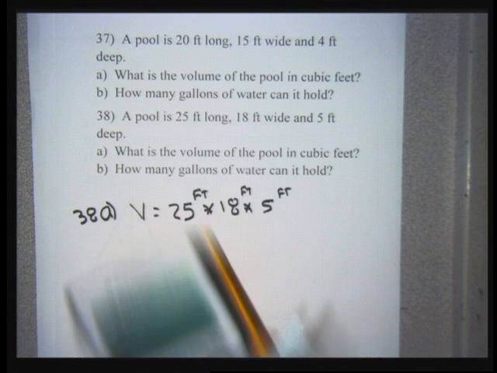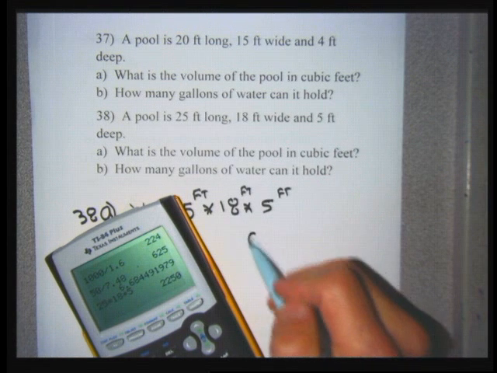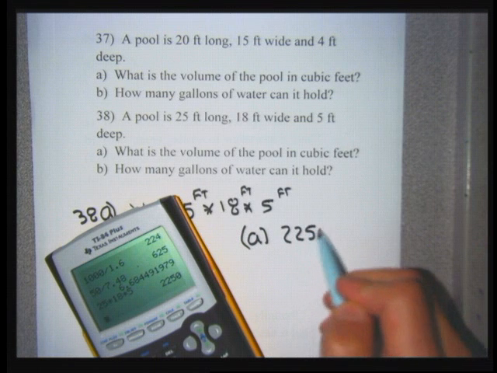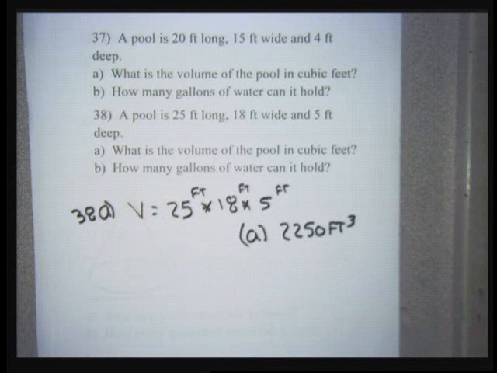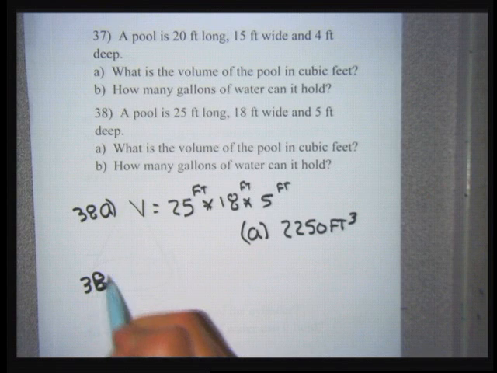So 25 times 18 times 5 gives me the answer to part A. The volume of this pool is 2,250 cubic feet. For part B, I'm supposed to convert this to gallons.